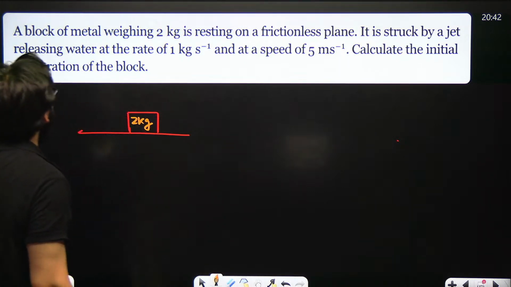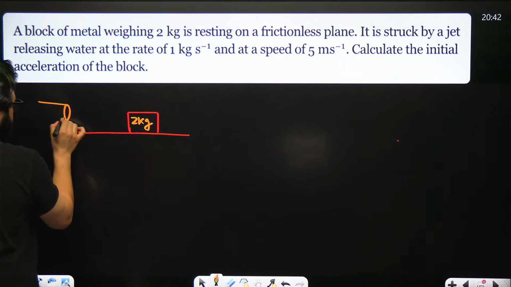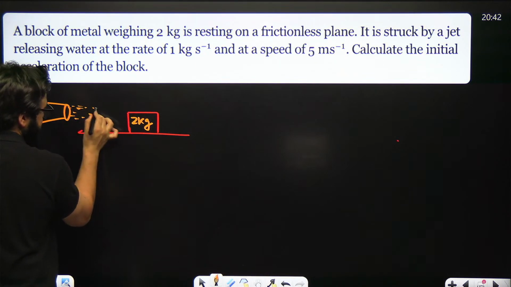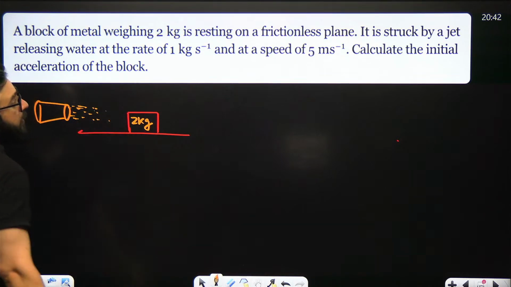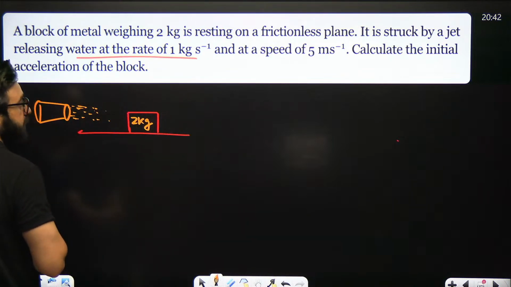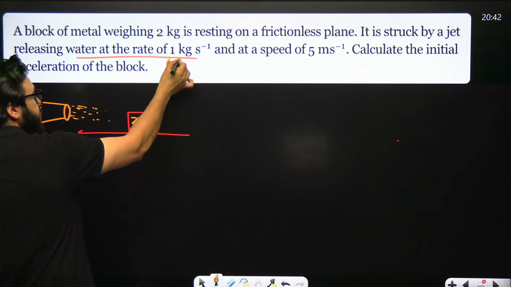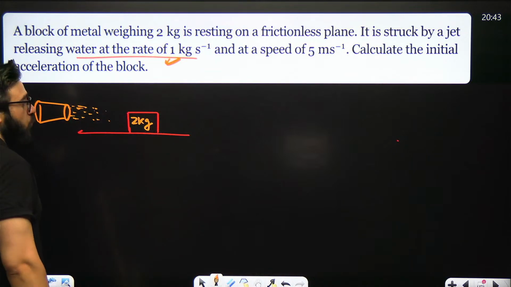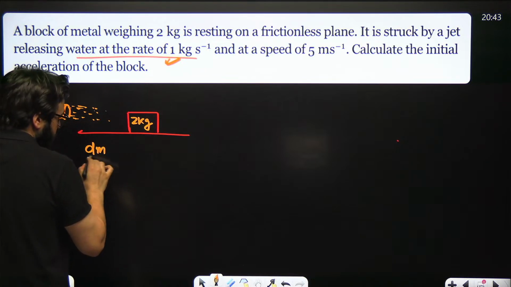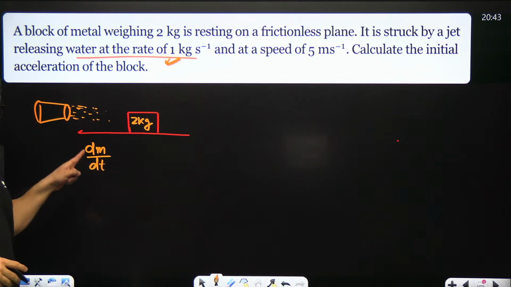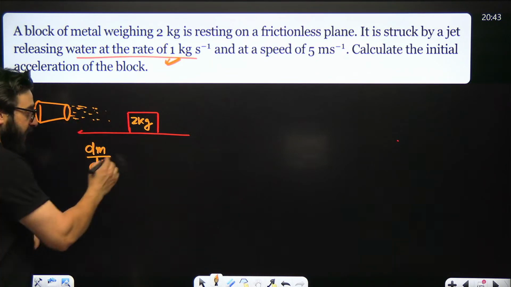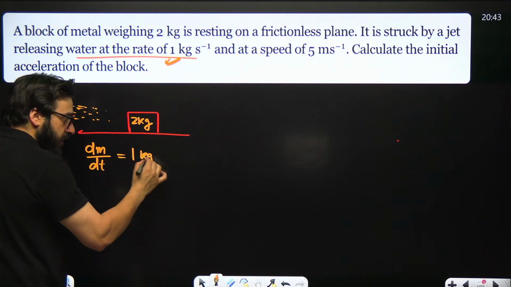It is struck by a jet. This jet is basically throwing the water on this wall, releasing water at the rate of 1 kg per second. So dm by dt, that is the rate of change of mass of water, is 1 kg per second.